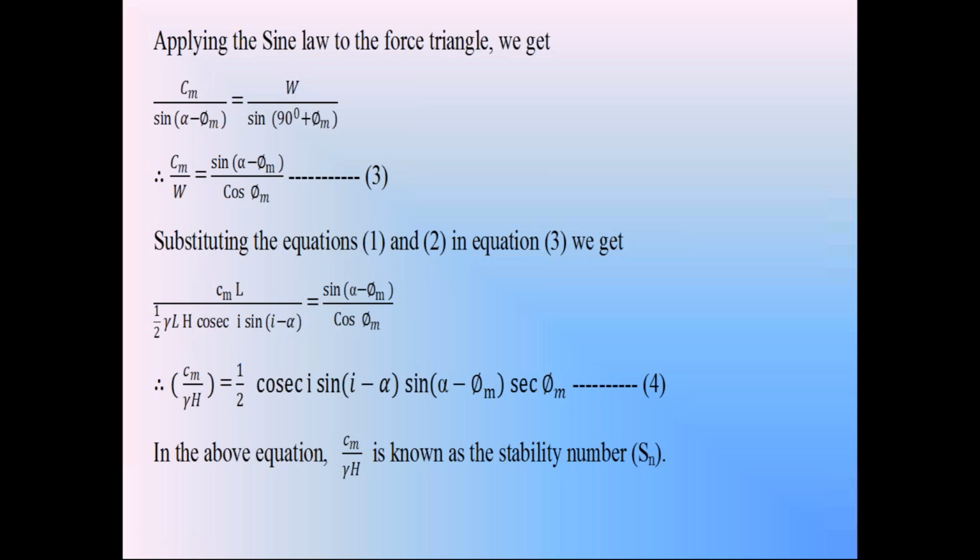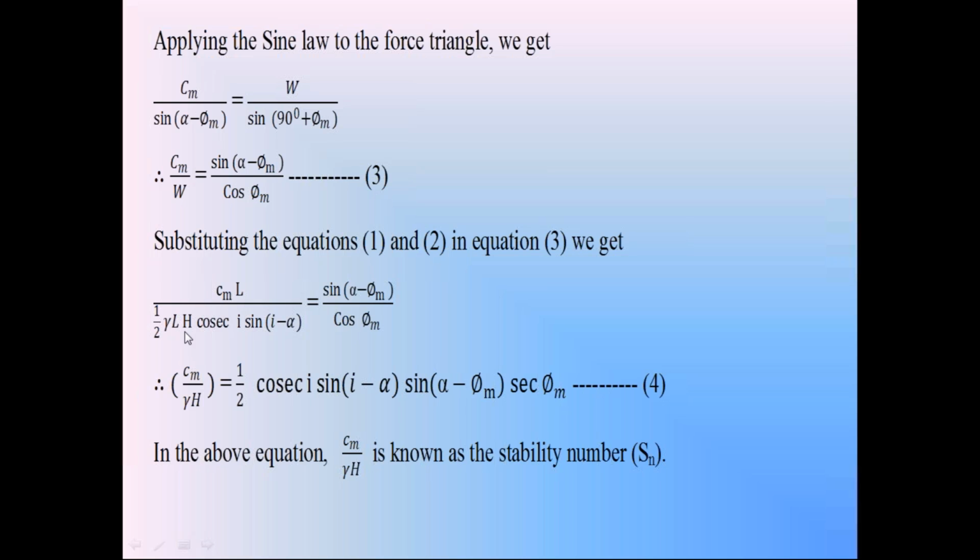Then the left hand side becomes cm by gamma h. Then bring the remaining terms to the right side. We already cancelled this L, so the remaining terms are half into cosecant i into sine i minus alpha. Bring them to the right side. And here on the right side, 1 by cos phi m is secant phi m.